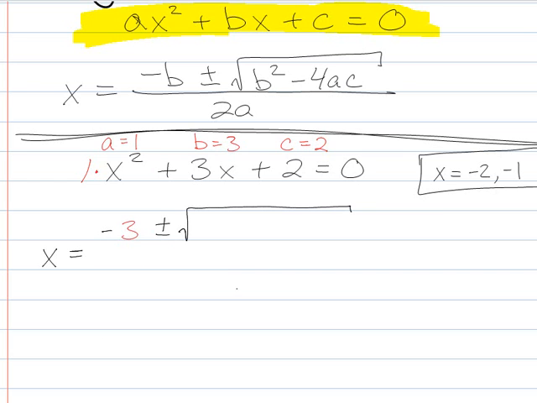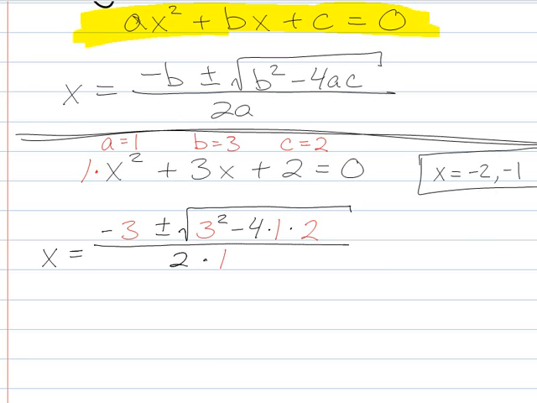So I have negative b plus or minus the square root of b squared minus 4a times c all over 2 times a. b squared minus 4ac all over 2a.